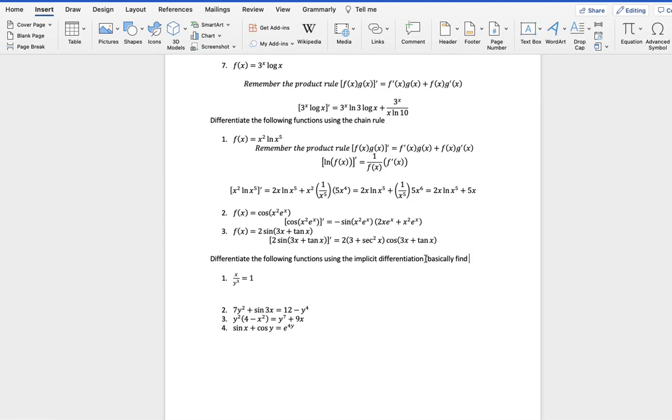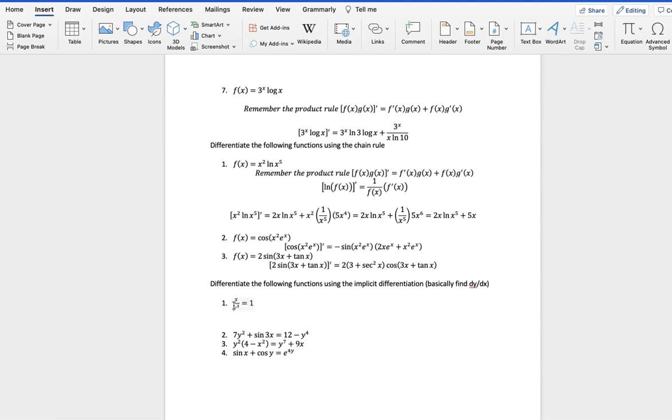Find dy over dx. So what is dy over dx in our case? Is it 1 over 3y squared? Let me write it down and then people will discuss.